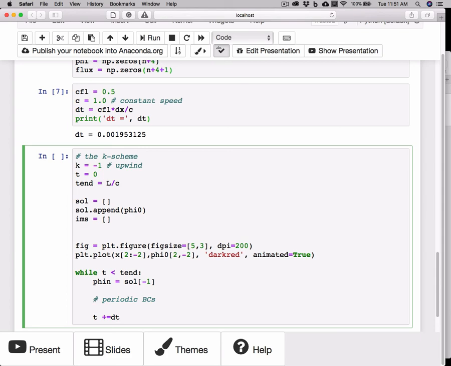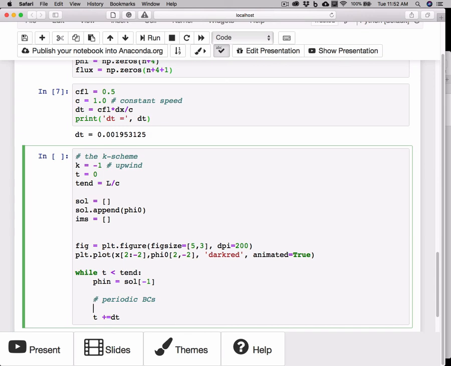I want you to tell me how we're going to do the periodic boundaries. If this is for the cell centers, we don't care about the fluxes for periodic boundaries, because they're going to be automatically picked up. So if this is indexing 0, 1, 2, all the way to n plus 3, that's i indexing.